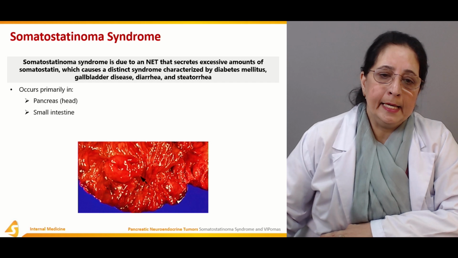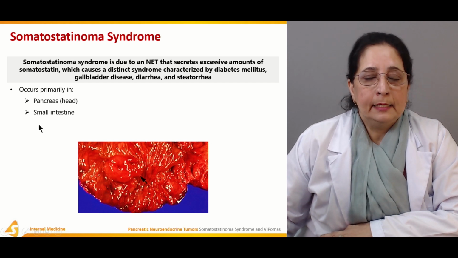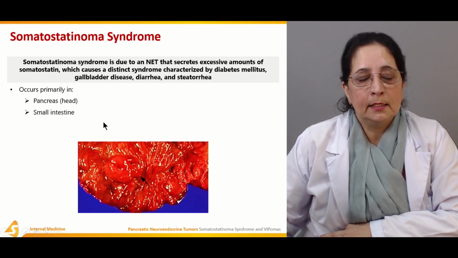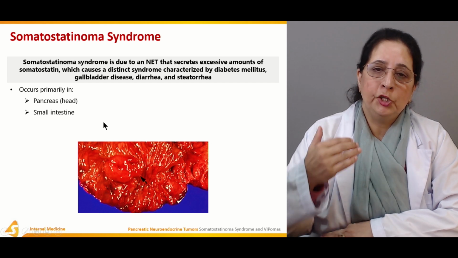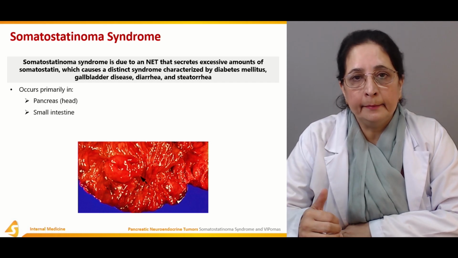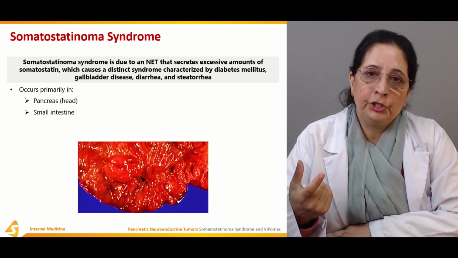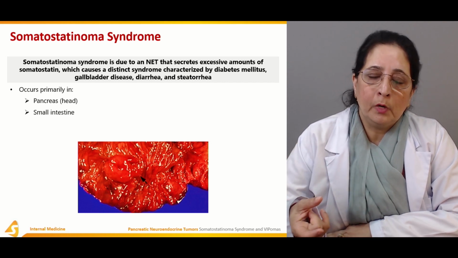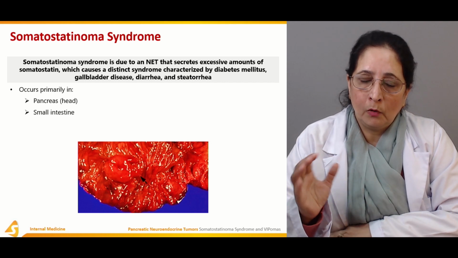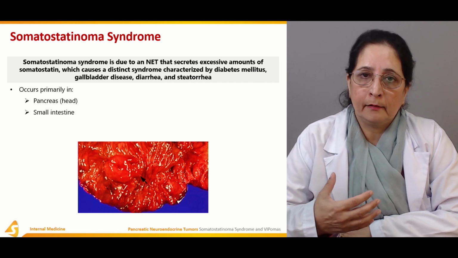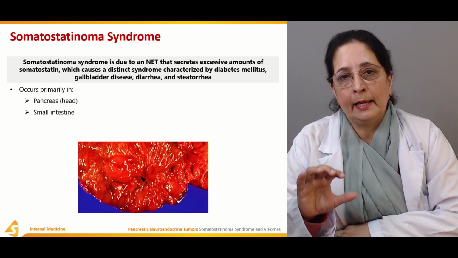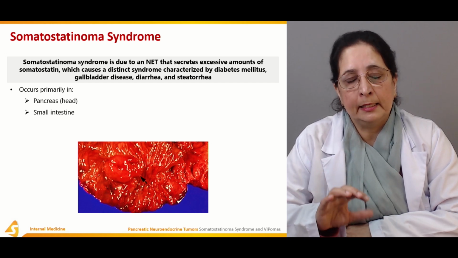It occurs primarily in the head of the pancreas and the small intestine. Small intestine means the duodenum, jejunum, and ileum, plus the head of the pancreas. Why we mention this: the insulinoma was found throughout the pancreas, head, tail, and body equally divided.